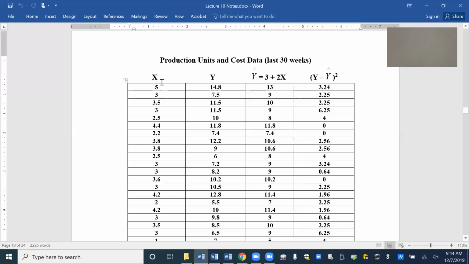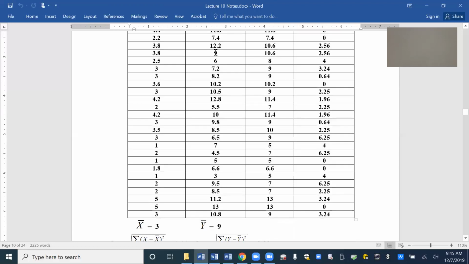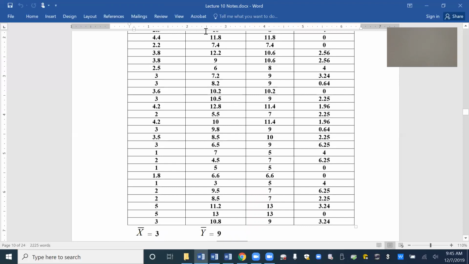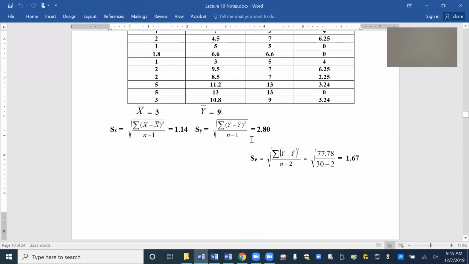So can I use information about something I know or control to predict better something I don't? Because without this, all we would do is add up these costs and say, oh, our average cost is $9,000 per week. And up to now, that's what we would forecast.